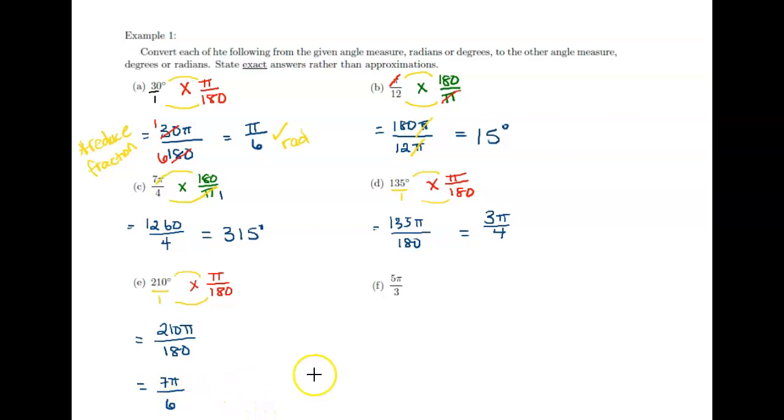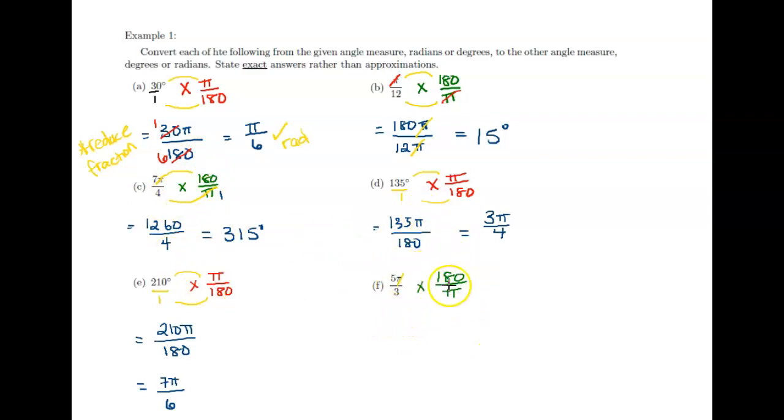Okay. My last one here, I have 5 pi over 3, which means I am converting to degrees. And if I'm converting to degrees, I have to cancel out that pi symbol. That means I multiply by 180 over pi. So I'm actually going to do my reducing right here instead of going through.